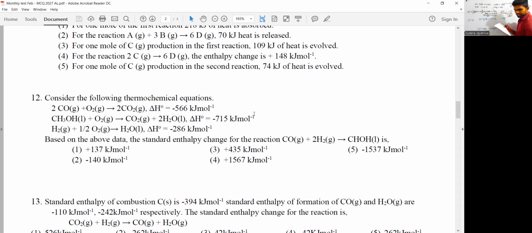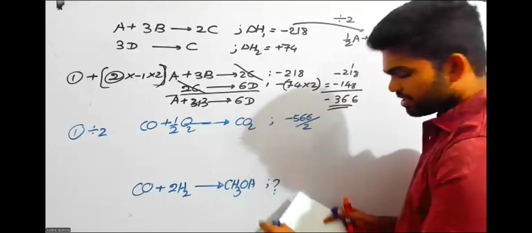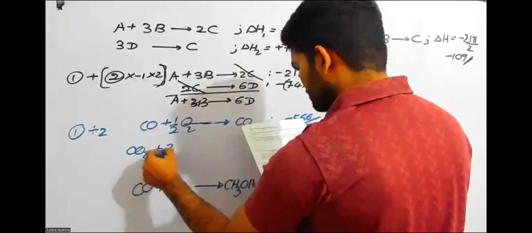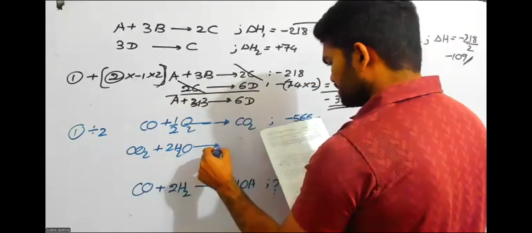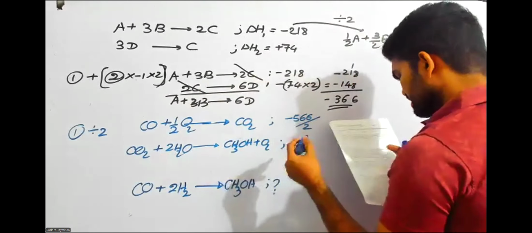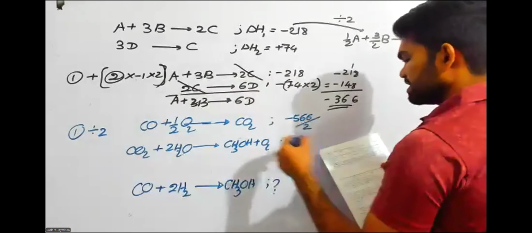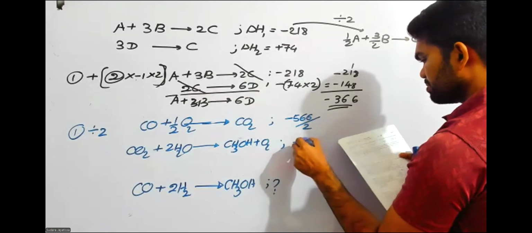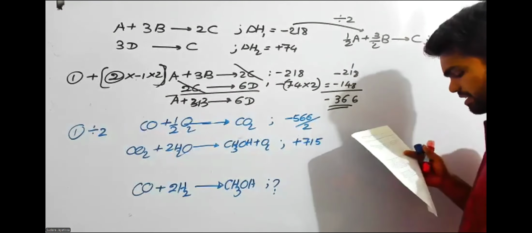And then think about the second equation. It should be reversed because methanol is there on the right side. See, this methanol is on the right side. So when you reverse the second equation, they become carbon dioxide and water going to CH3OH liquid and O2. When you reverse the equation, the enthalpy change sign will be reversed. Now it will become plus 750.